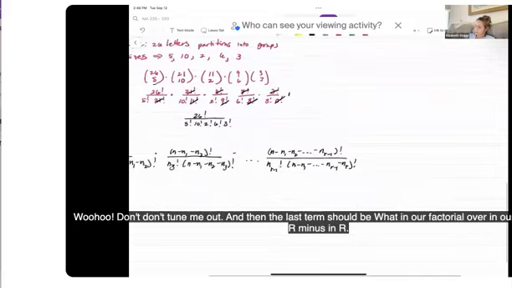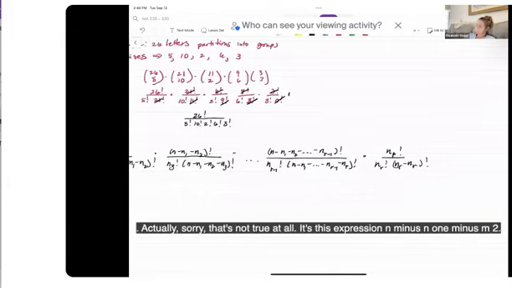And then the last term should be what? N sub r factorial over n sub r factorial times n sub r minus n sub r factorial.